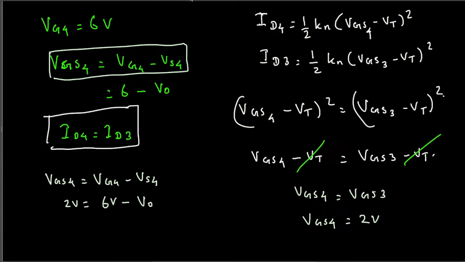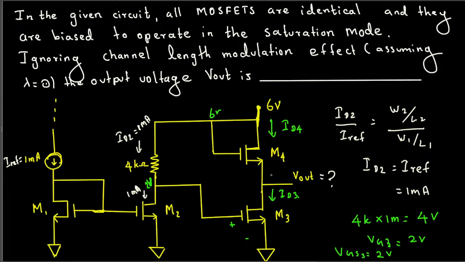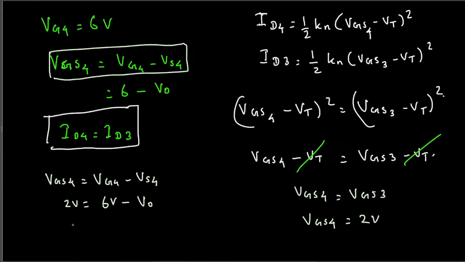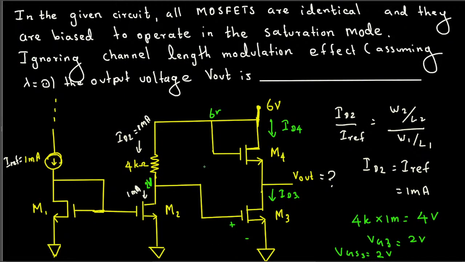VS4 is the V output, this is the source, and that's where the V out is located. If I rearrange this equation, then V out becomes 6 minus 2, and that is equal to 4 voltage. And that's our output voltage for this given circuit.